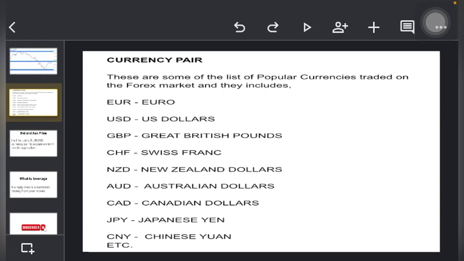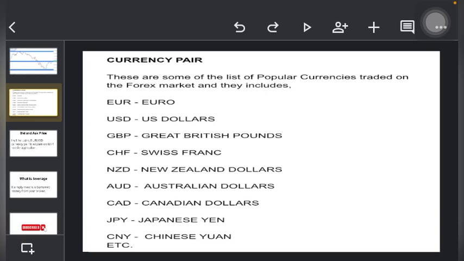I'm going to explain and you're going to understand more as we go through this workshop. Now, pair means they appear together. For example, you can pair euro and USD, which is US dollars, together. That is why it is called a currency pair.